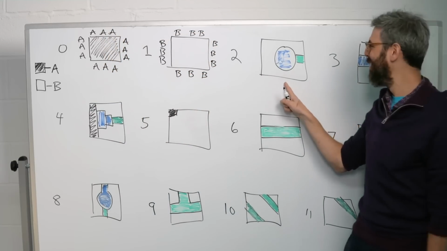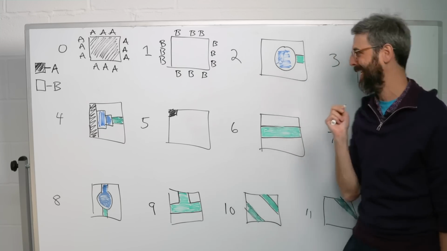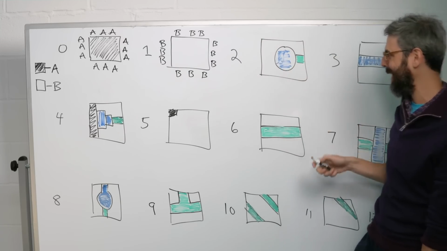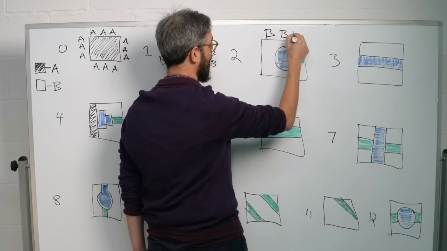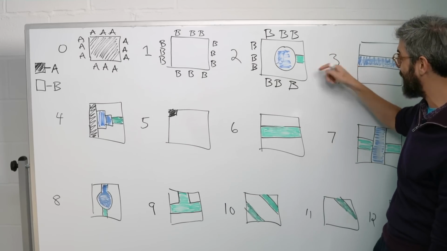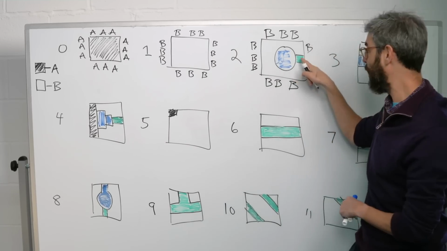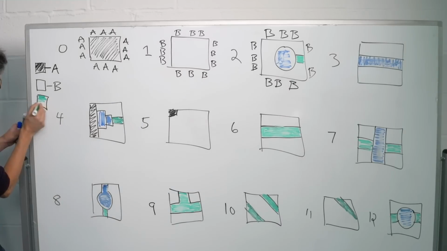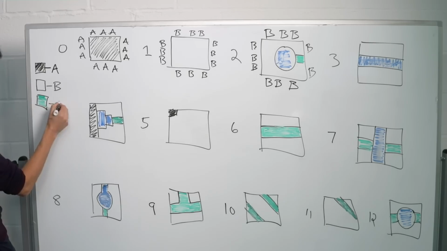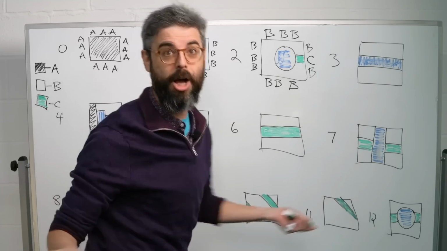Finally now, with the image number 2, we will get something a little bit more interesting. We've got Bs all around these sides. Those are some very funny Bs. And then I've got a B here and a B here. But now I need a third color for light green. We'll call that C. The blue color here is actually gray in the image files, a new color.